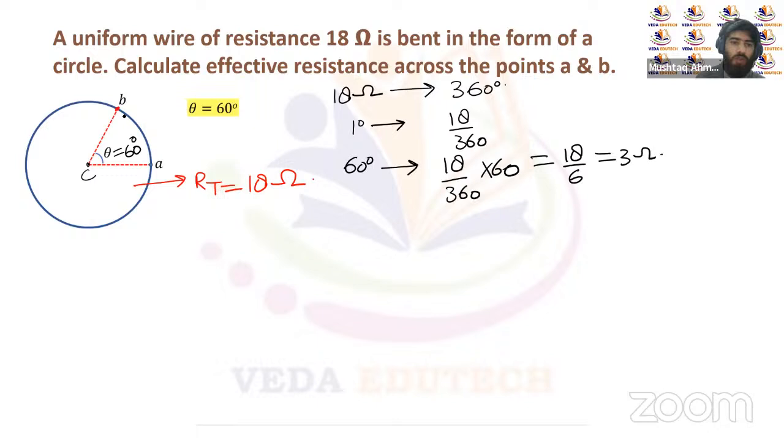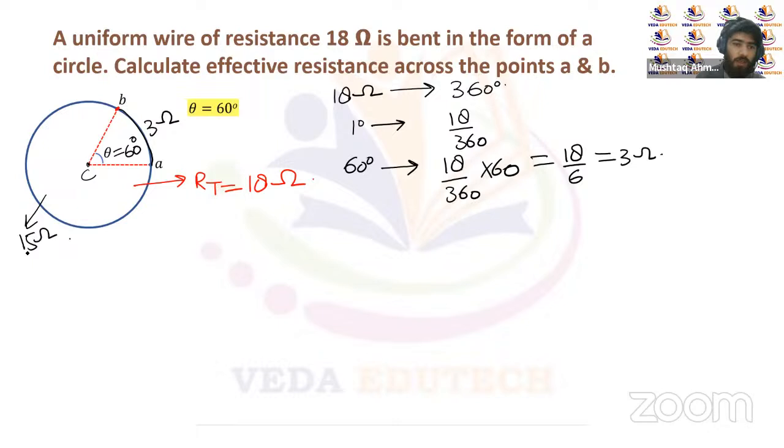It means that from A to B the resistance is 3 ohms, and the remaining resistance will be from B to A. Since the total resistance is 18 ohm, the rest part of the circle will have a resistance of, not 12 ohms, it will be left with 15 ohms.